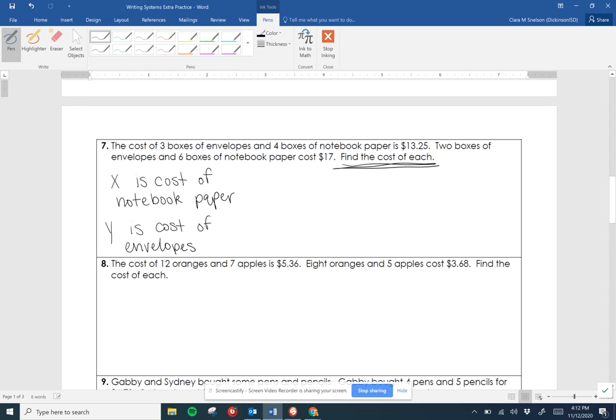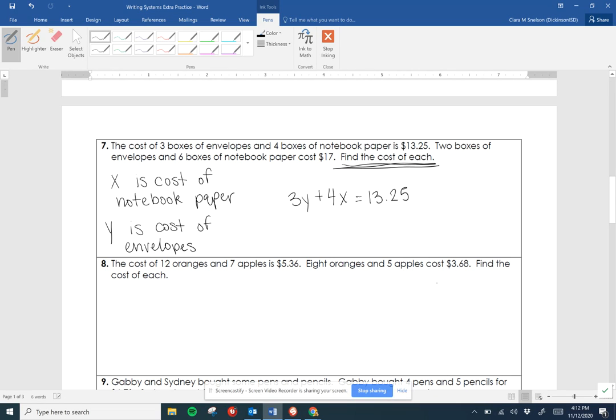Okay, so what we would do here is we would say, okay, 3 boxes. So they bought 3 envelopes, so 3y, and they bought 4 notebook papers, so plus 4x. And then how much did that cost them? $13.25.